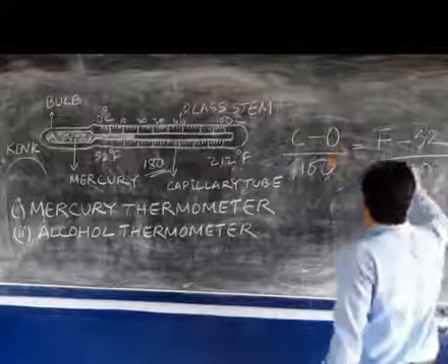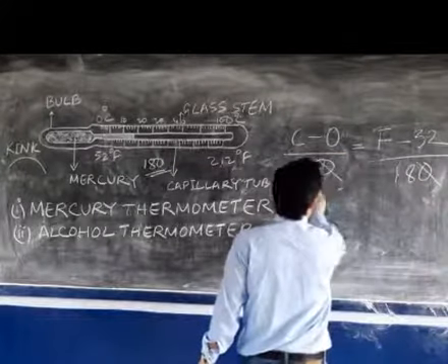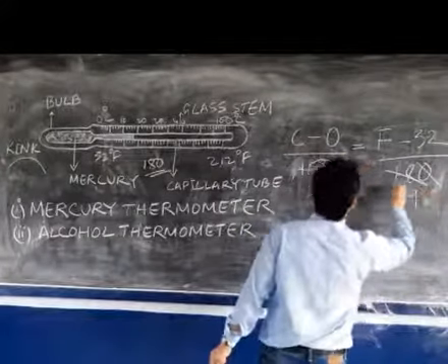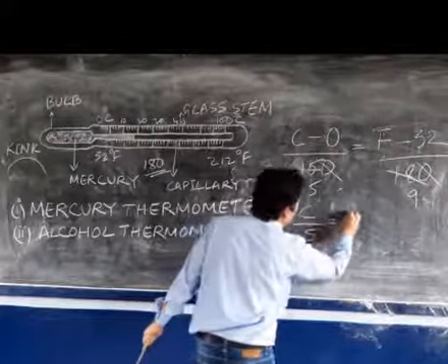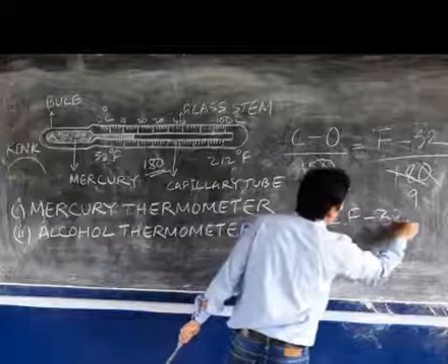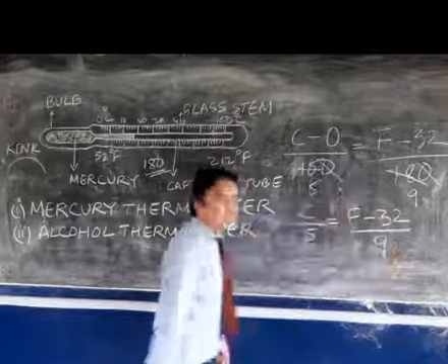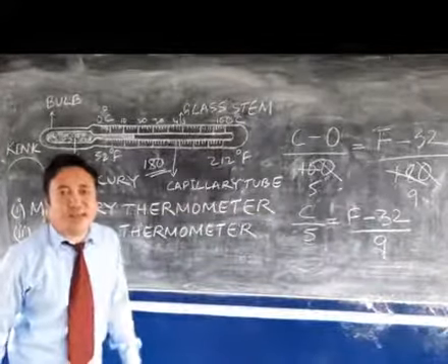So 0 cancels here, 2 5s are 10, 2 9s are 18. So I can write here C upon 5 equals to F minus 32 upon 9. So this is the relation between the Celsius scale and the Fahrenheit scale.